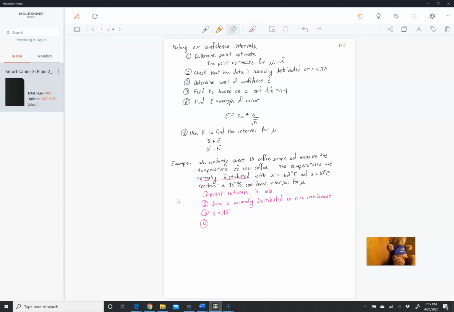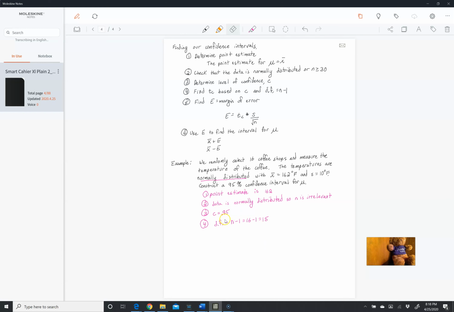So now we can find our T sub C, okay? So our degrees of freedom, it's 16 coffee shops, so it's n minus 1, which is equal to 16 minus 1, or 15.